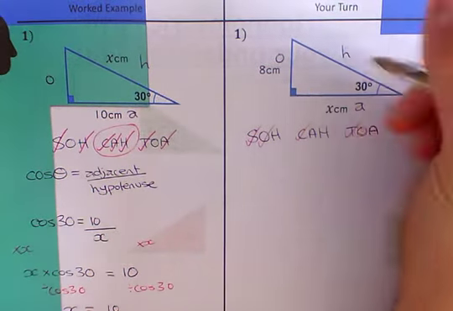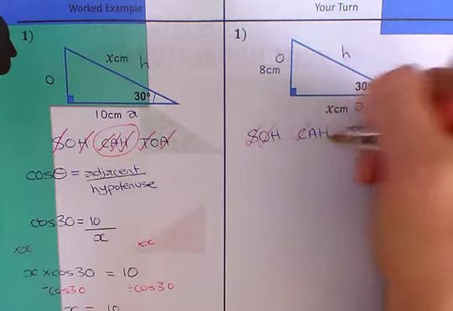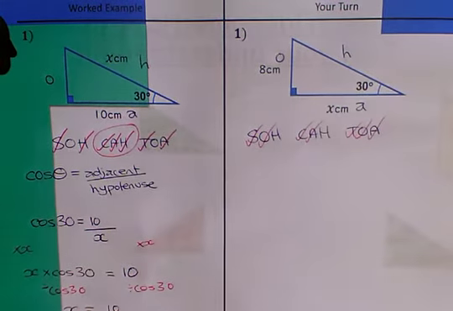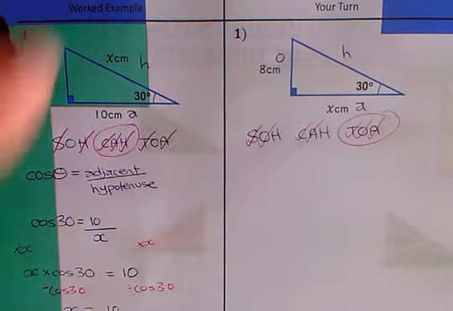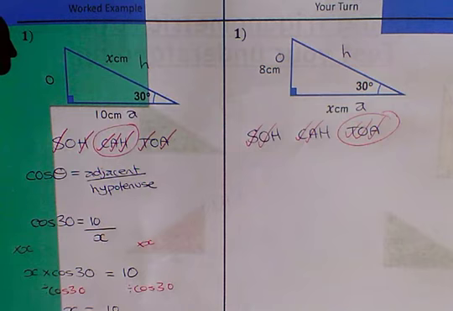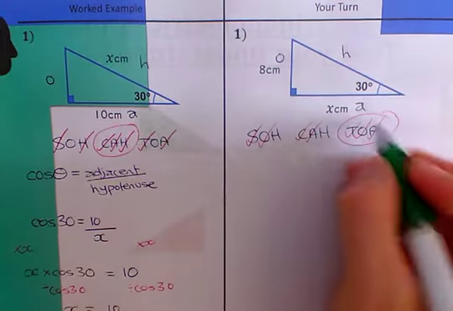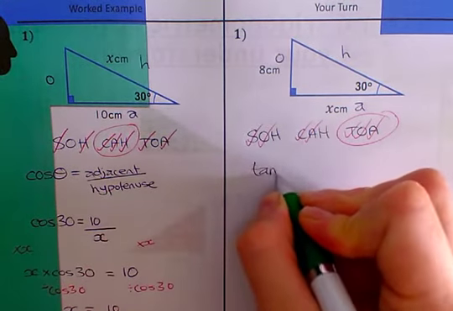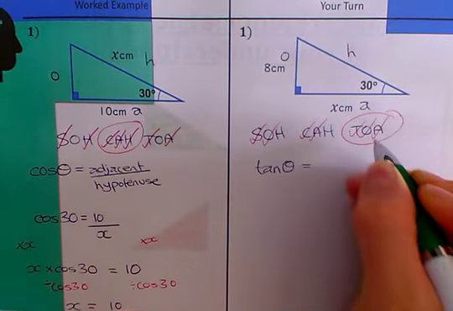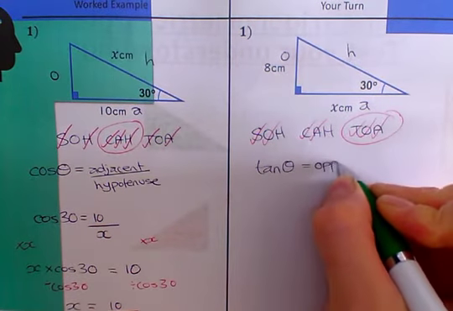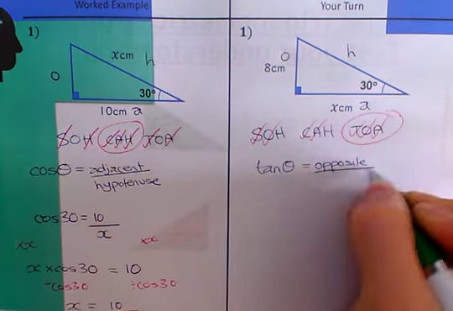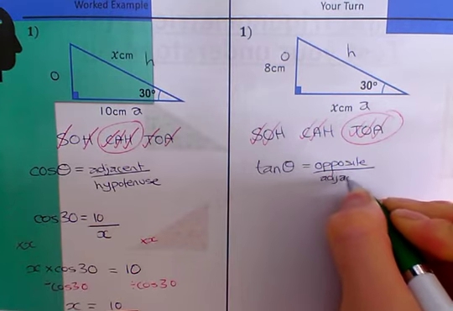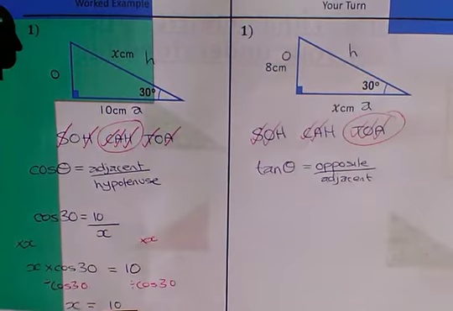We know the opposite and we are looking for the adjacent. So in this case, we are going to need to use tan. So using the TOA part here, I can say, well, tan of the angle is equal to the opposite divided by the adjacent, and then I can just fill in what I know.